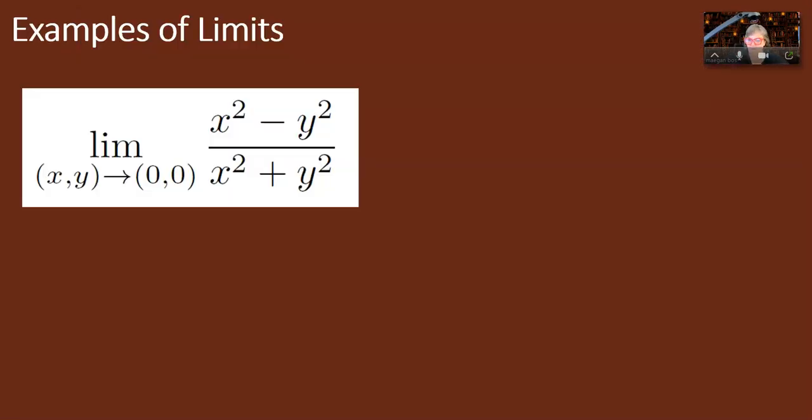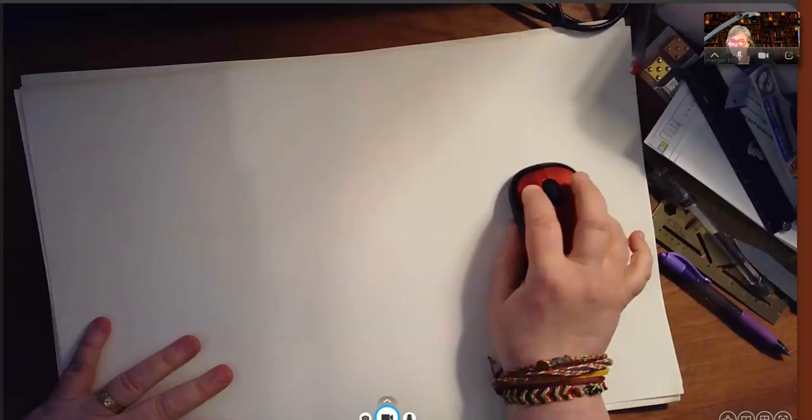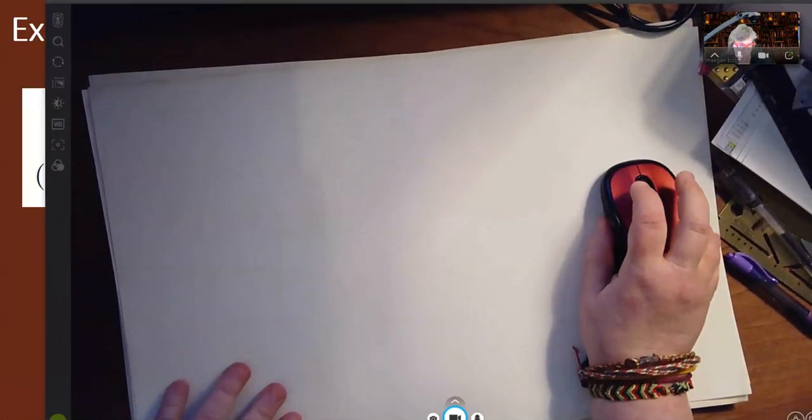Here's a limit. Let's say I want to figure out the limit as (x, y) approaches (0, 0) of (x squared minus y squared) over (x squared plus y squared). We can see (0, 0) is a bad point here. It's the only bad point in this function. Whatever the function looks like, (0, 0) is not a good point. Let's see if we can prove that this limit doesn't exist.